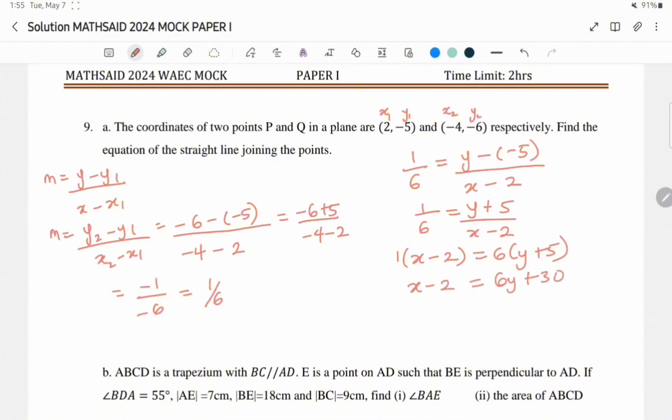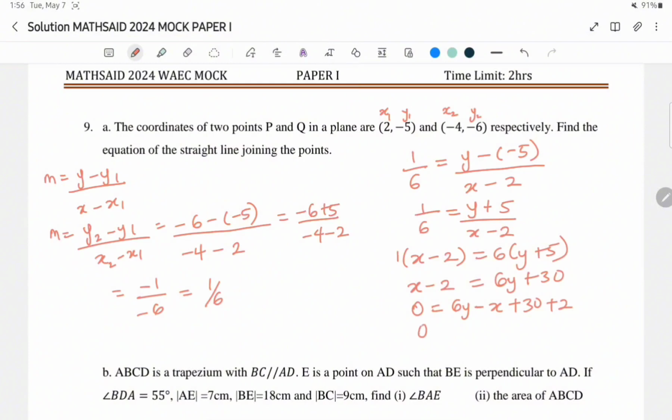So we can decide to bring everything into just one side of the equation. If we are to do that, I want to take away everything from this side. We'll be left with 0. That would be 6y plus x plus 30 plus 2. Because the negative 2 coming to the other side will become, okay, it is not going to be plus x, because positive x coming to this side would become minus x, right?